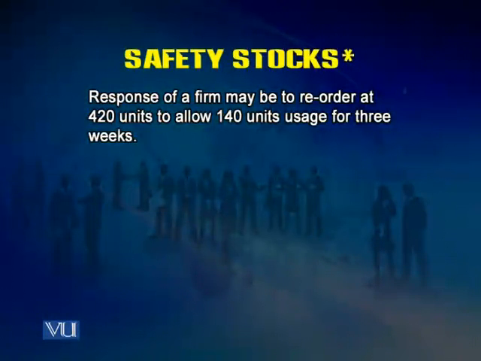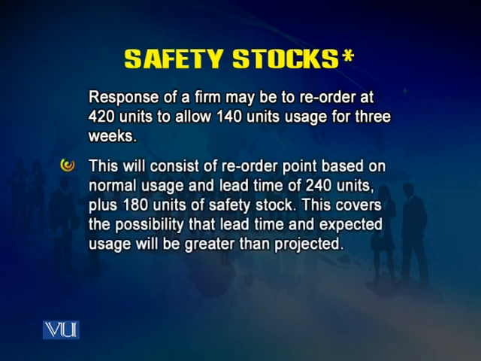The response of a firm may be to reorder at 420 units to allow 140 usage for 3 weeks. This will consist of reorder point based on normal usage and lead time of 240 plus 180 units of safety stock.